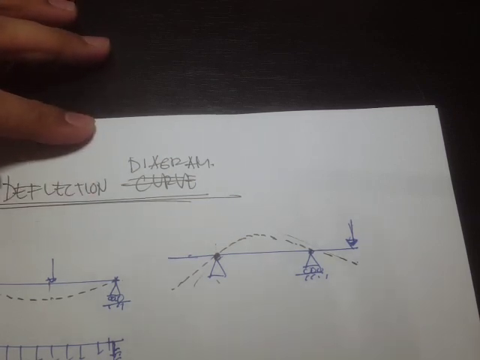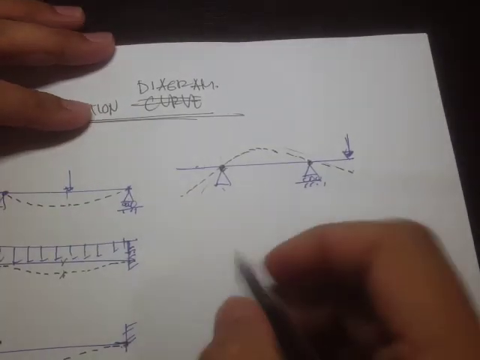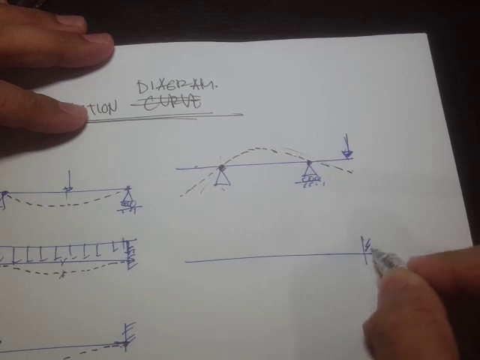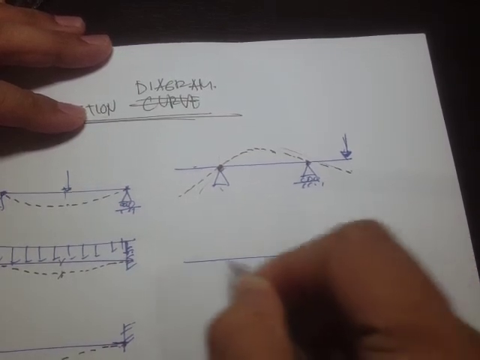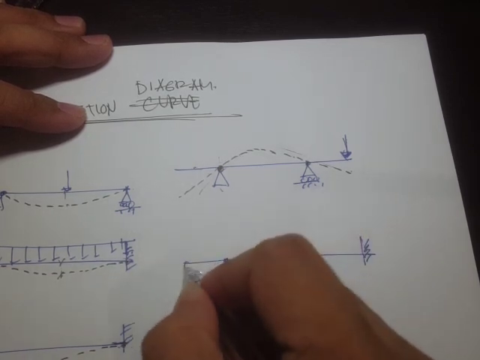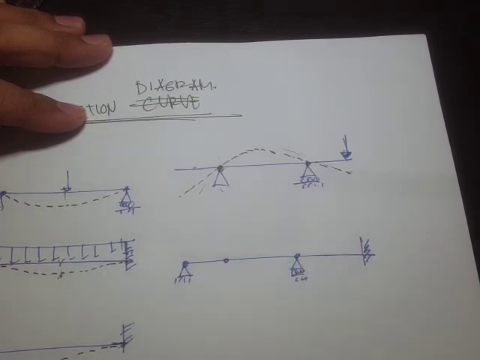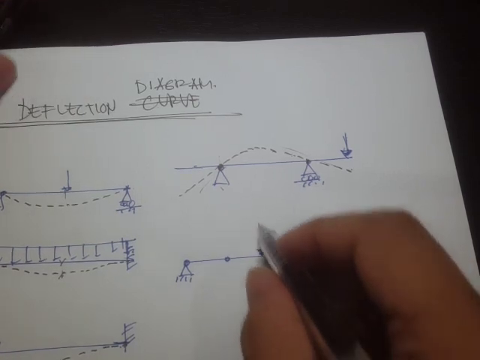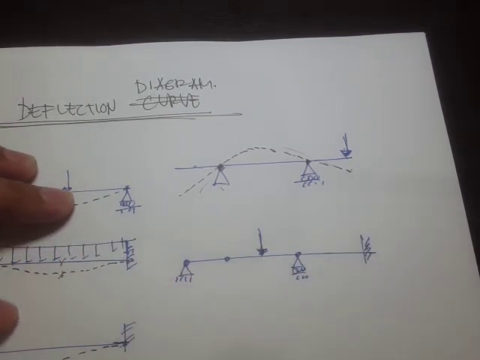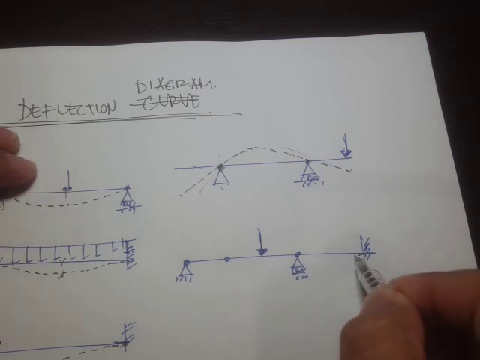Now what if we have this fixed support, and right here we have a roller support, and right here an internal hinge, and this one is a pin. What if we load it in this portion? Then the deflection would look something like this.